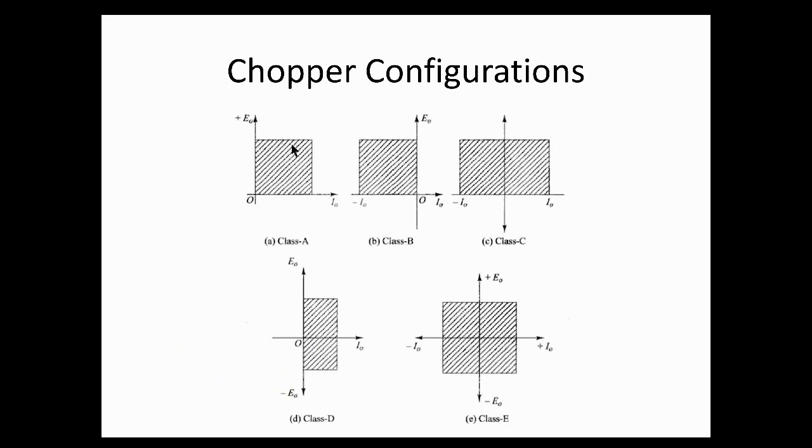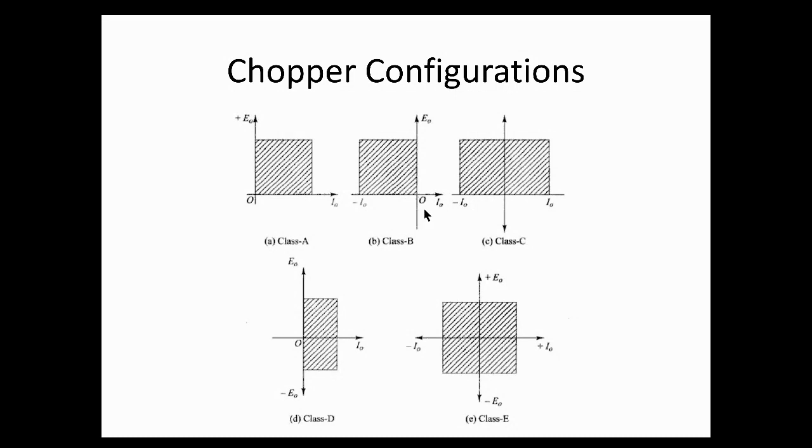So that is what is reflected in the first diagram here, A. When we look at class B, we have a positive output voltage, this is the output voltage and the output current, positive output voltage, and we have a negative output current. So that's a class B type chopper.